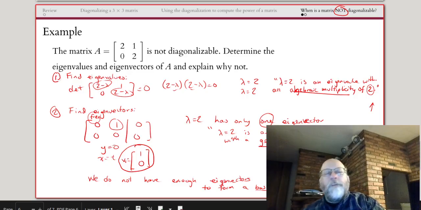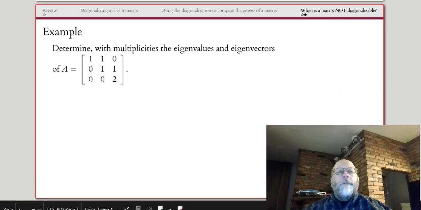Let's try one more example and we will wrap up. So let's look at the eigenvalues and the eigenvectors for this matrix here. All right. So we would like to find the eigenvalues first. So we take the determinant by subtracting lambda from the diagonal.